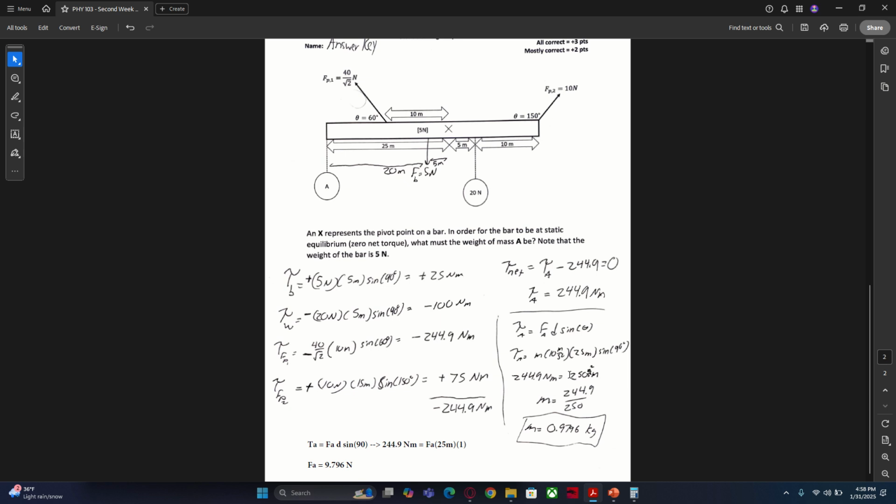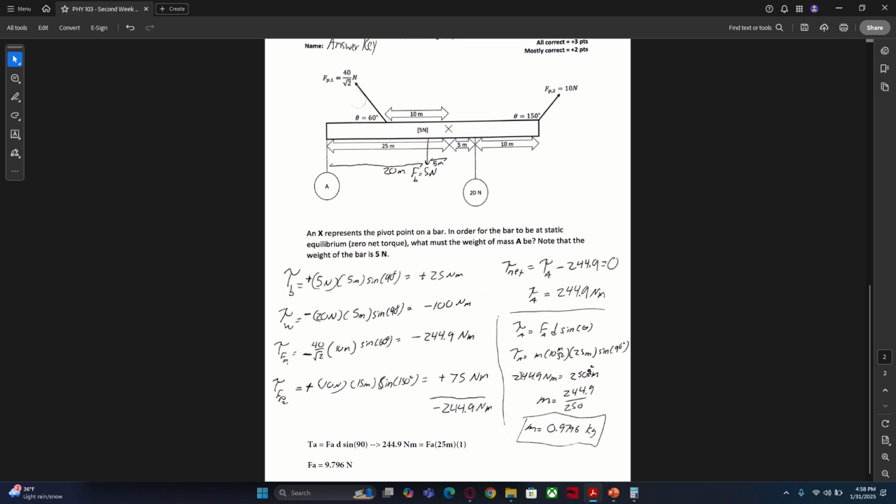That would be the mass times 250 meters per second squared kilograms. And then dividing 250 to the other side, the mass would be 0.9796 kilograms.